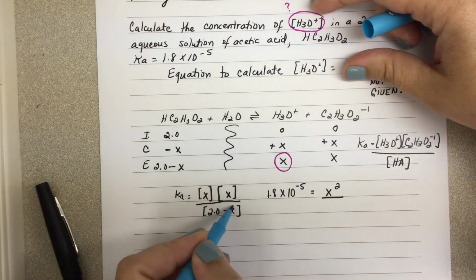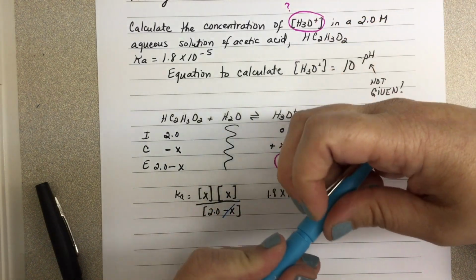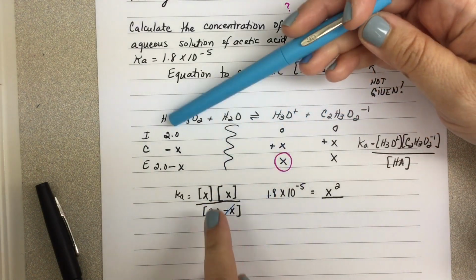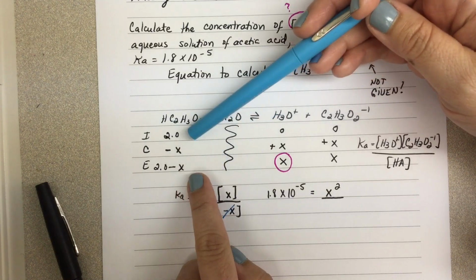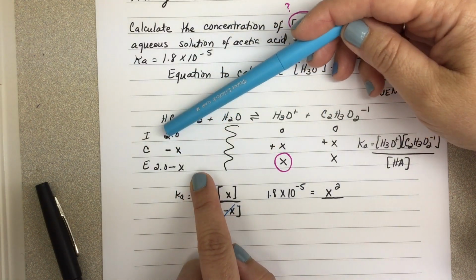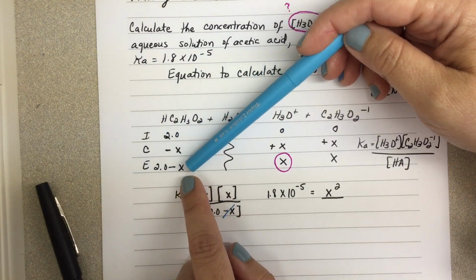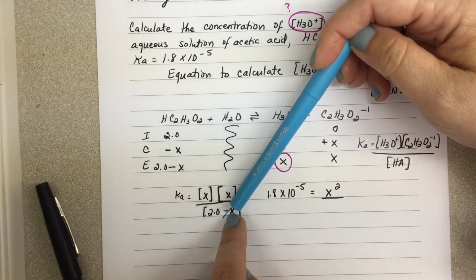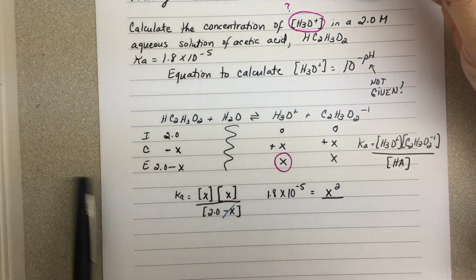So I'm going to simplify the math by saying that at equilibrium, my concentration is going to be equal to my initial concentration. This concentration is changing by just a super small amount, which is not going to affect my final number.